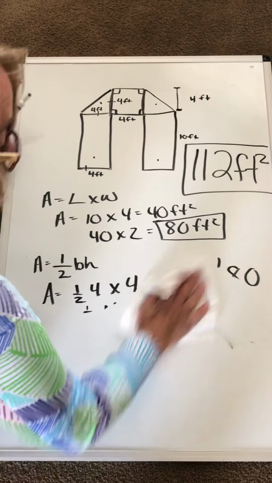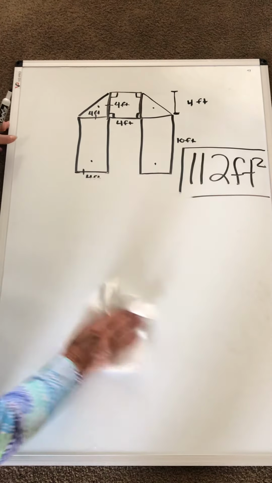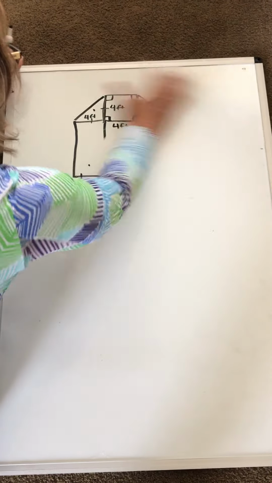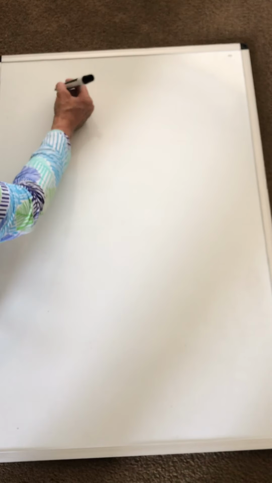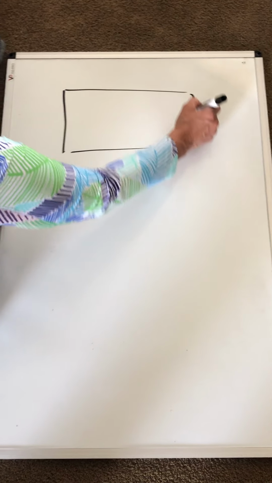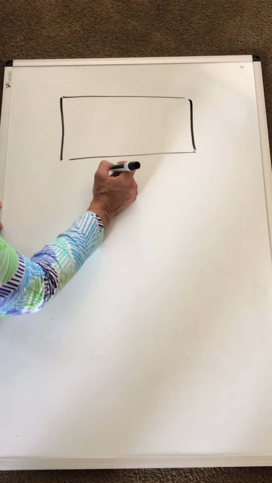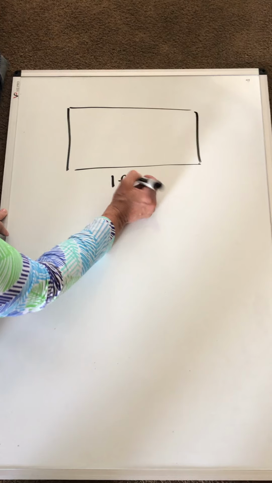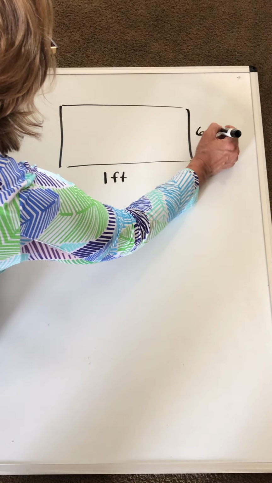Now let's look at another example. The example that I'm going to be doing is example number 2 on page 572. And it's asking you to find the area of the shaded region. So it has a rectangle with measurements of 1 foot and 6 inches.